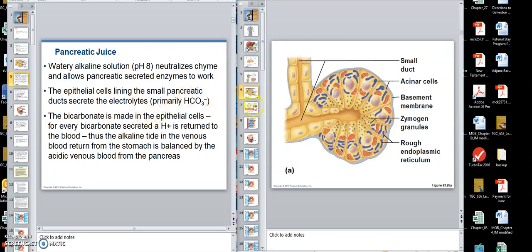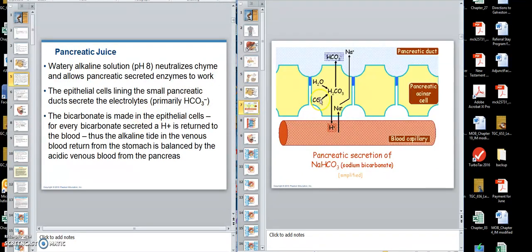So let's talk about that. All right. So here's an epithelial cell, let's say. And what's going to happen is that this is the pancreatic duct right there. So they secrete this bicarb. So right here, what's going to happen?